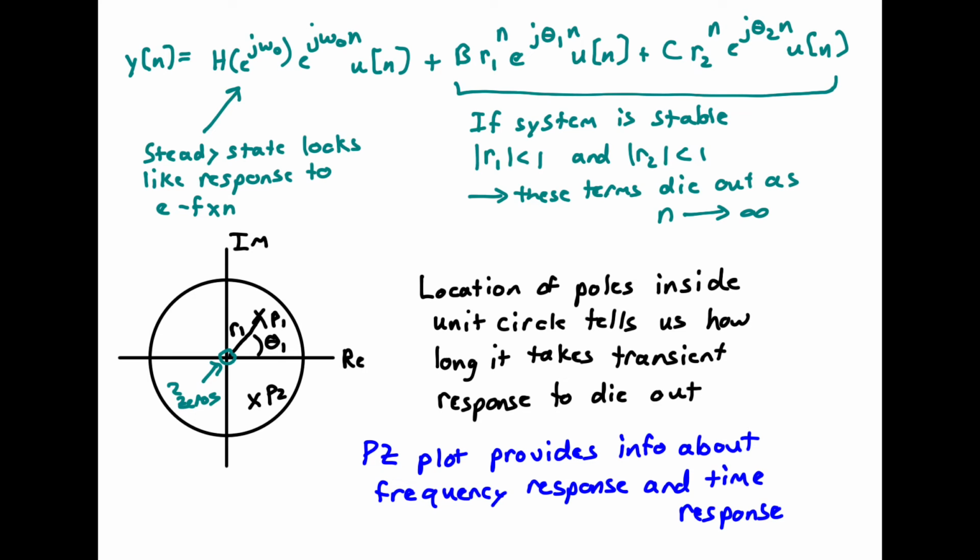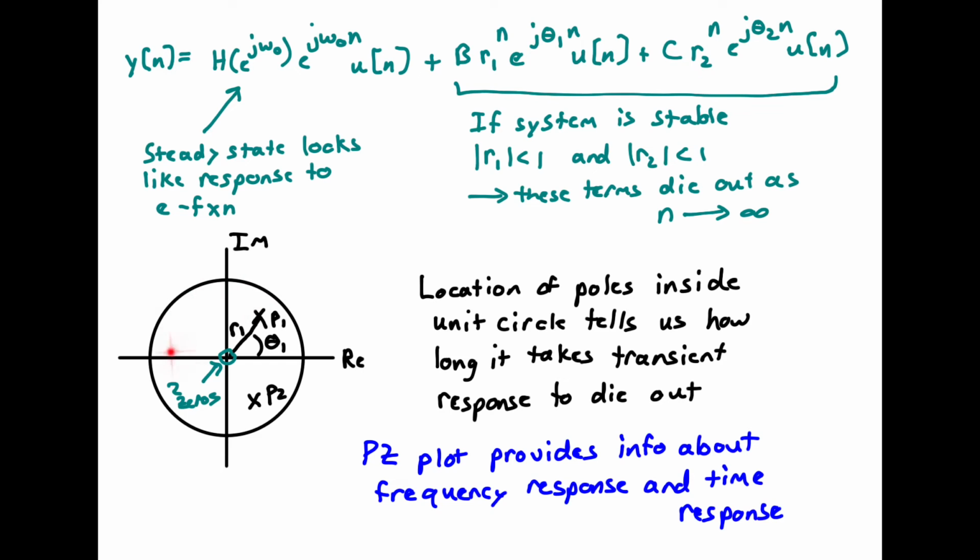So this pole zero plot provides us information about the frequency response. In other lectures, we've studied how to sketch the frequency response given a pole zero plot. But we've also just seen that this pole zero plot effectively provides us information about the transient response of this system and how long we would expect that transient response to take to die away.